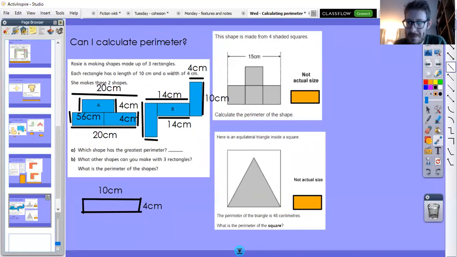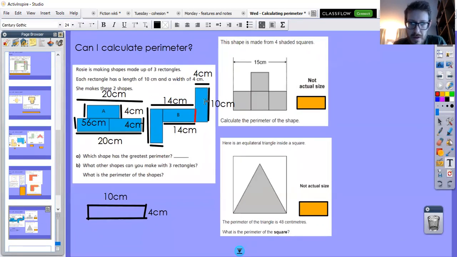So what I do know is that this bit here is 4 centimeters. So altogether, this is 10 centimeters. But if I take off that 4, that's going to have to be 6 centimeters in total. And then I take off this 4, and then this will be another 6 centimeters because 10 take away 6 is 4. And then I need to add the perimeter all around for this one.